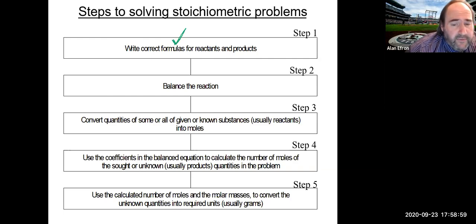So as we talked about when balancing equations, you always want to make sure you start with the correct formulas and not worry about the balancing part. Then the most important thing in terms of an equation and stoichiometry is this step right here. Nothing will work out right if your equation is not balanced. So if you're doing some type of stoichiometry problem, you always have to make sure that this thing is balanced. Otherwise, nothing's going to be right.